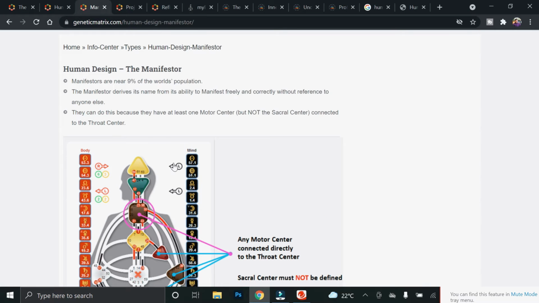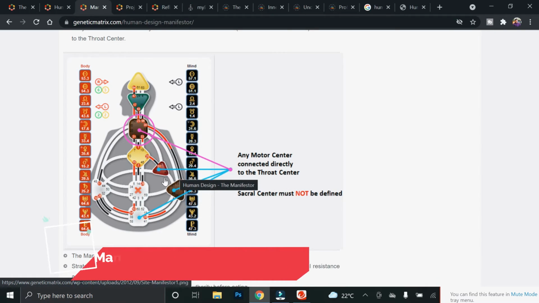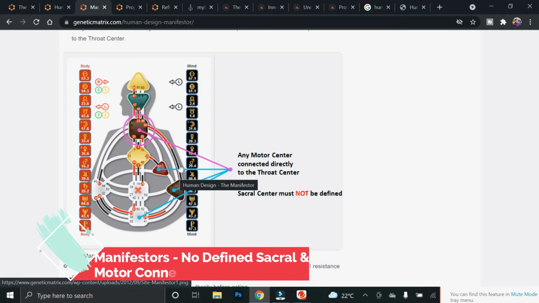So next we go on to the manifestors. Manifestors, on the other hand, are just like the manifesting generators, who have a motor connected to the throat, whether directly or indirectly. And you know that the throat center is what represents communication and manifestation. However, the difference is that it does not have a defined sacral.